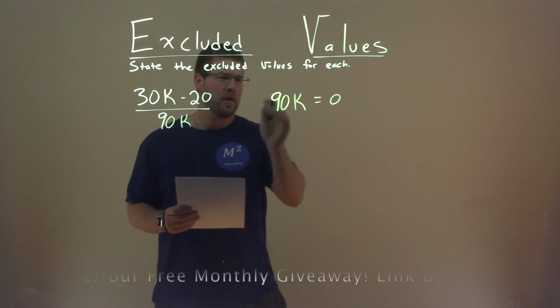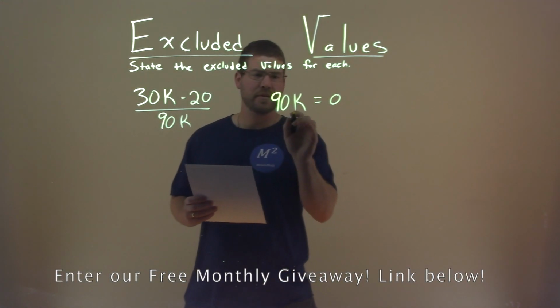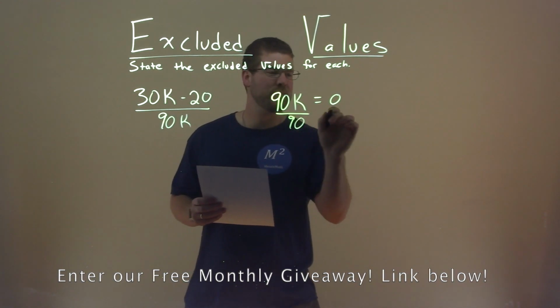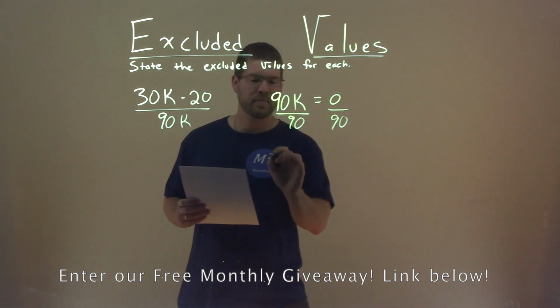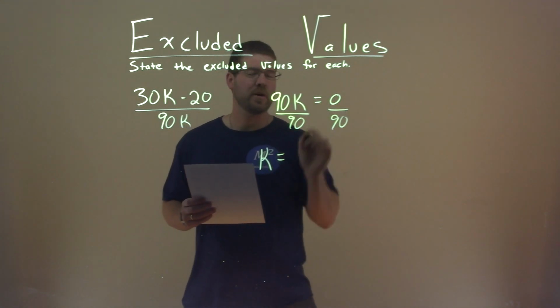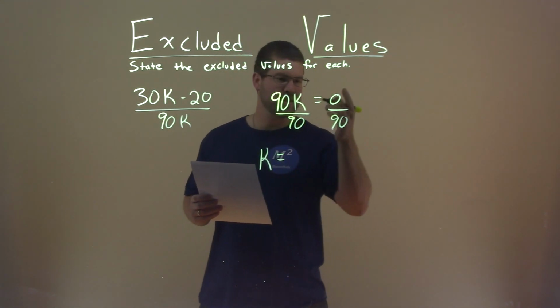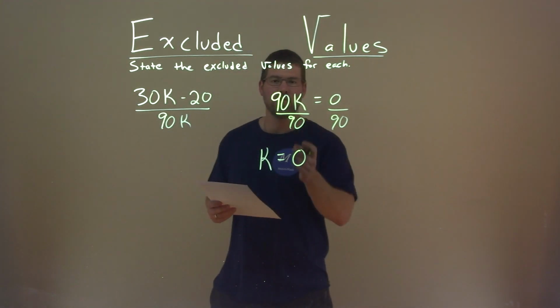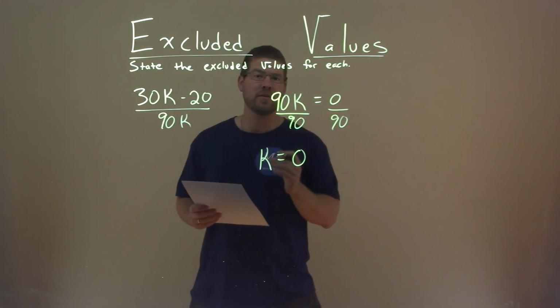Opposite of multiplication is division, so we divide both sides by 90. This gives us k equals 0 divided by 90, which is just 0. And so 0 is our excluded value.